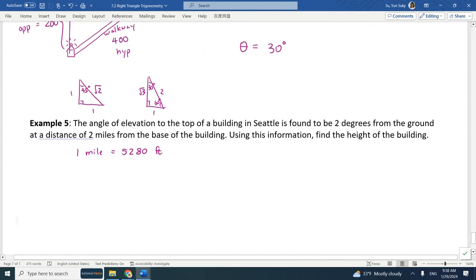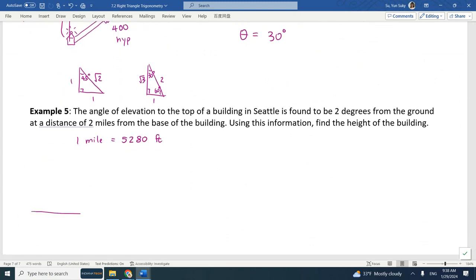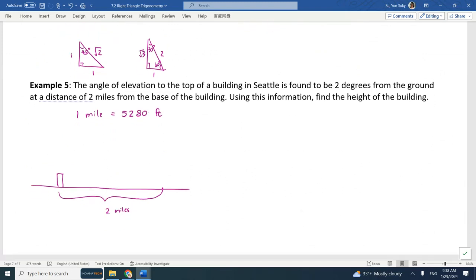So we draw the picture. So we have the building. And we stand here 2 miles. 2 miles. If we convert miles to feet, okay, let's also connect this. And this angle is 2 degrees.